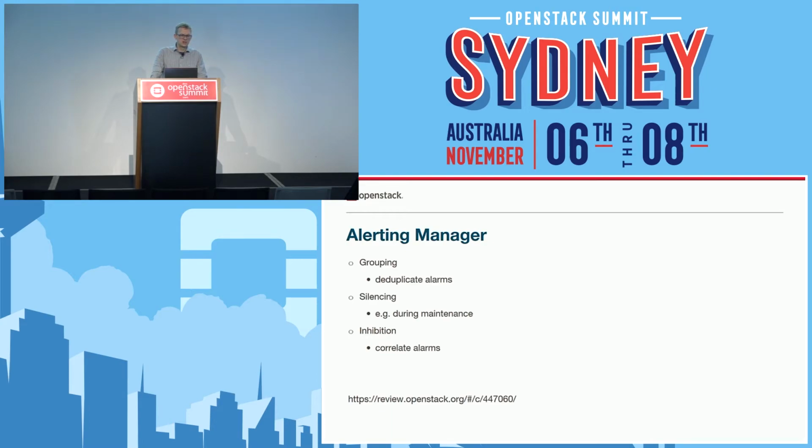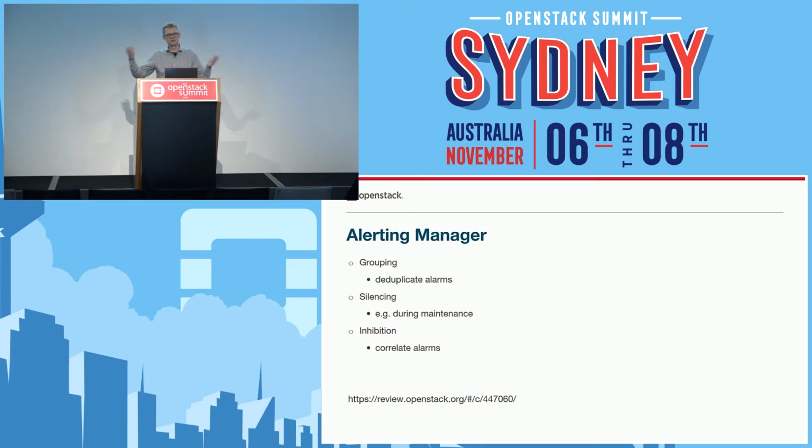And the third one is alarm inhibition. It is meant for correlating alarms when you have one big issue, let's say you have a MySQL database which is not available. Of course, many other services are dependent on this, and all of these services you want to measure as well.